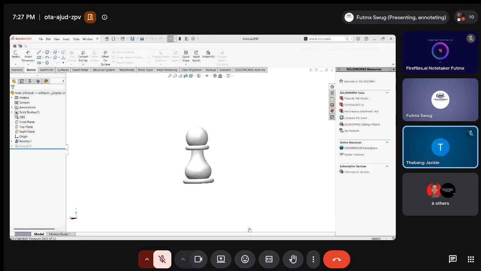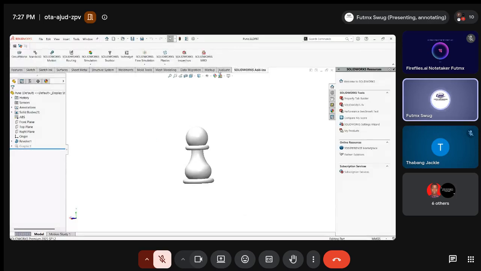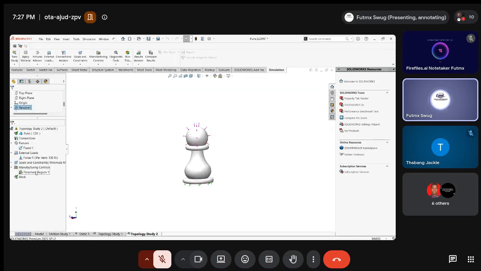Yeah, okay. So this is actually a pawn I designed for a particular analysis that we did. Let me see if this analysis is still here. I think the analysis is still here.